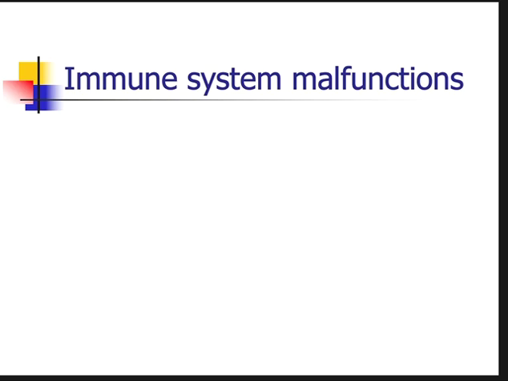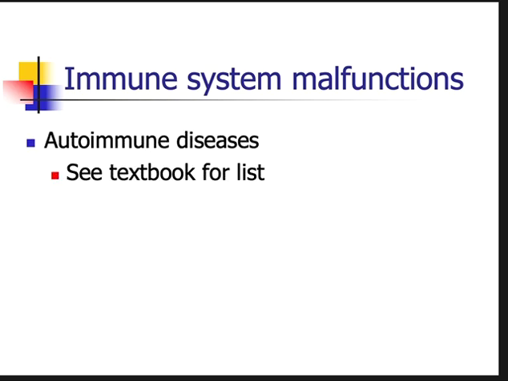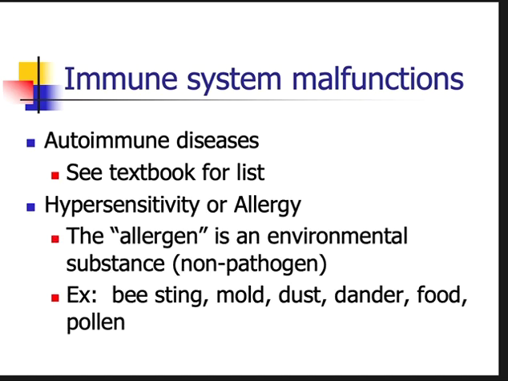Immune system malfunctions, autoimmune diseases. So you can see your textbook for a list, but in short, we will look at hypersensitivity or allergies. The allergen is not actually a pathogen, but your body identifies it as a pathogen.